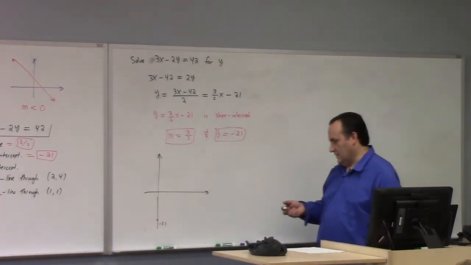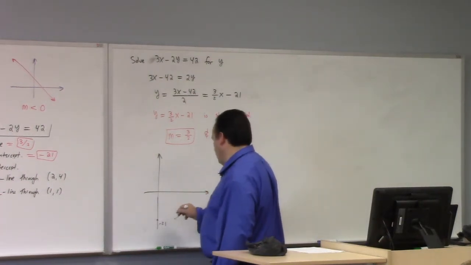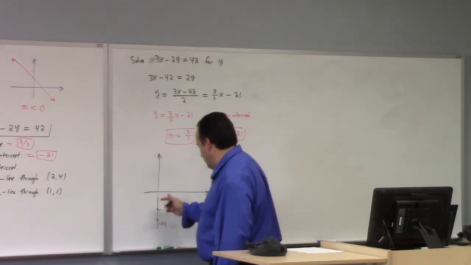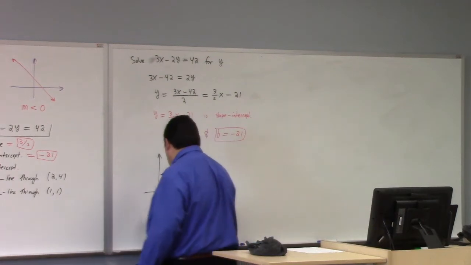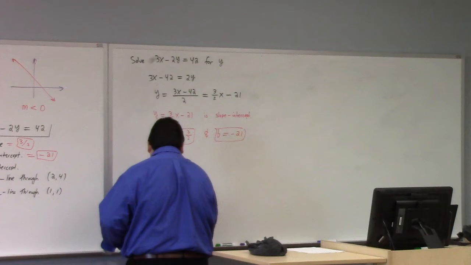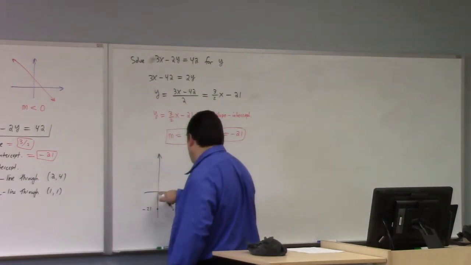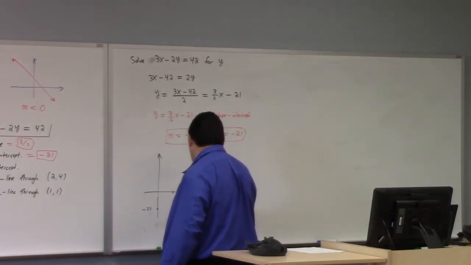That means you go up 3. Maybe I should have made this my 21. I have trouble writing at this particular height. All right. So suppose this is 20, 40, 60.